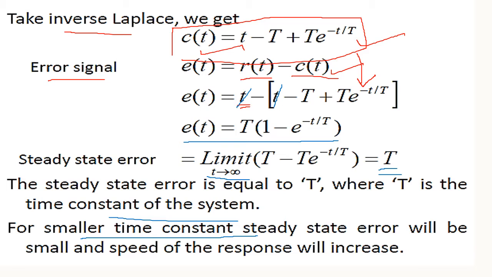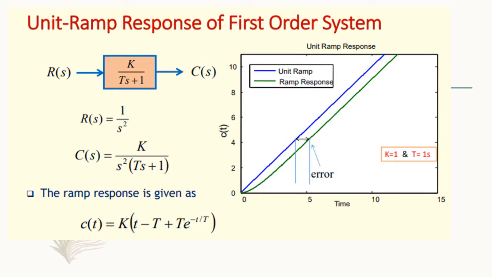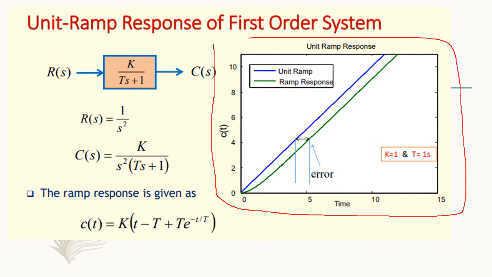The smaller the time constant, the smaller the steady state error will be and the speed of the response will increase. Now in the diagram, as you can see, the output c of t is shown. This blue line indicates the unit ramp and this green line indicates the ramp response, and the difference between the blue line and the green line is the error.